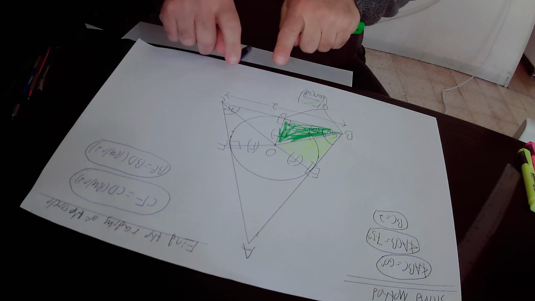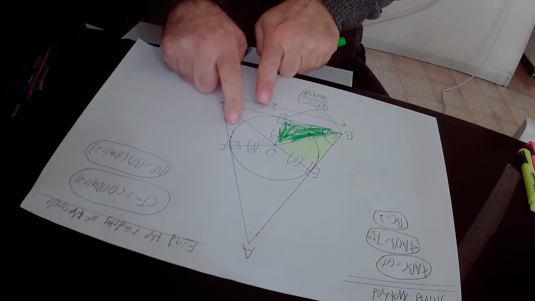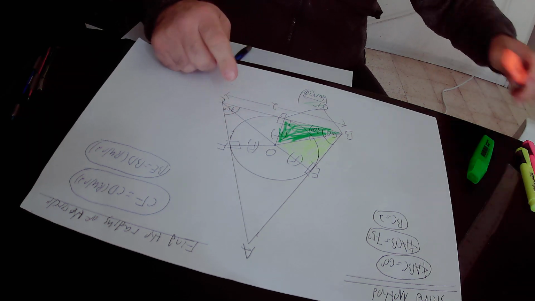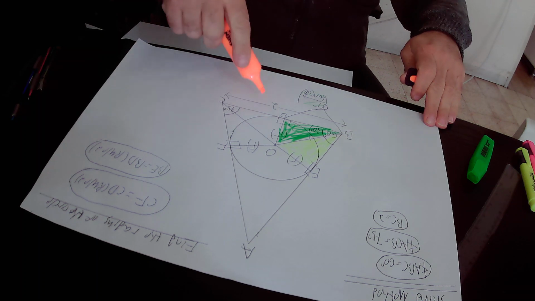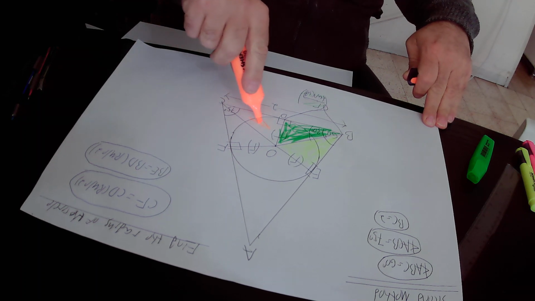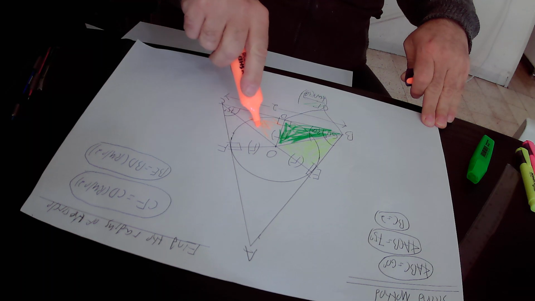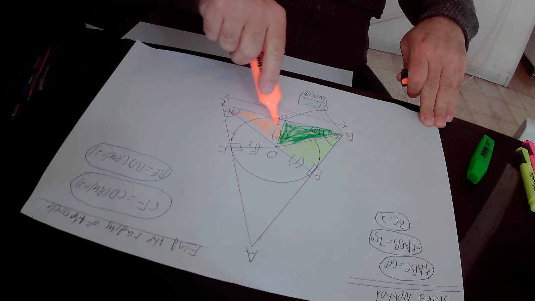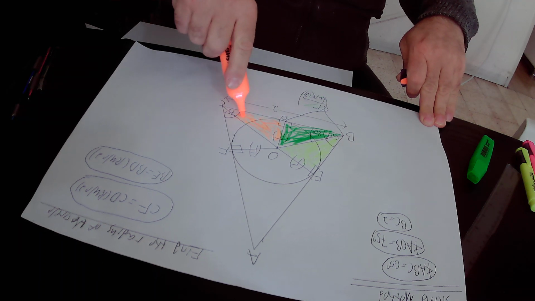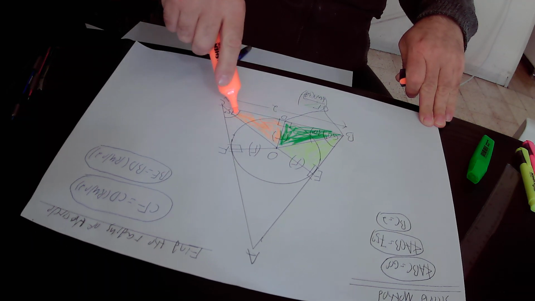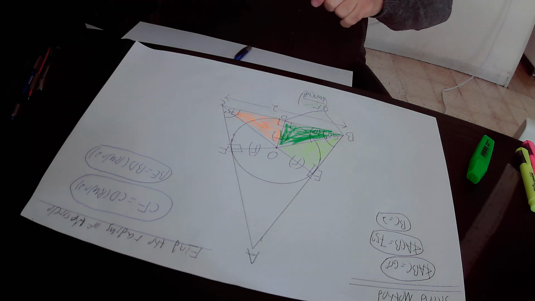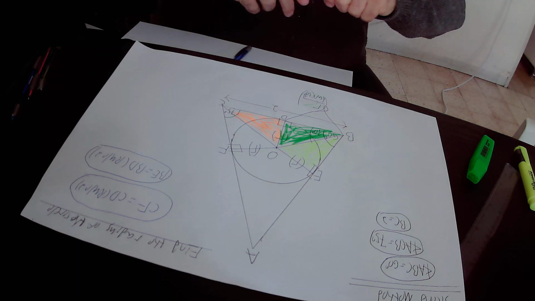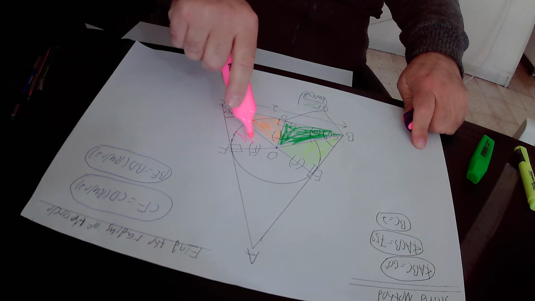We repeat the same process on those two right triangles. That is to say, we prove that the orange right triangle ODC is congruent to the pink right triangle OFC.